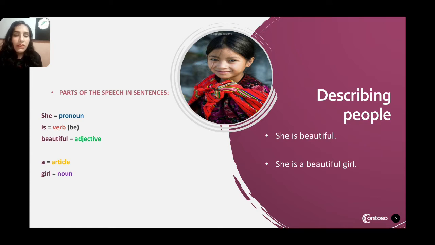And here I'm trying to explain how we can structure a simple or a larger sentence. For this, we're using some parts of speech. We have she as the pronoun, is as the verb, beautiful as an adjective, a as an article, and girl as the noun of the sentence.